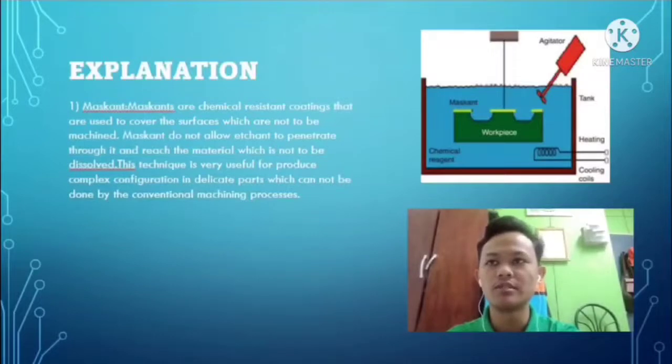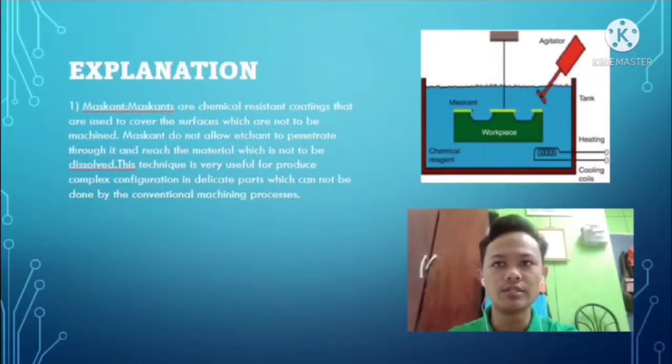Okay, I will present the two substances that are mainly used in this machining process. They are two substances. Firstly, masking and secondly, etching. Firstly, masking. Maskants are chemical resistant coatings that are used to cover the surfaces which are not to be machined.